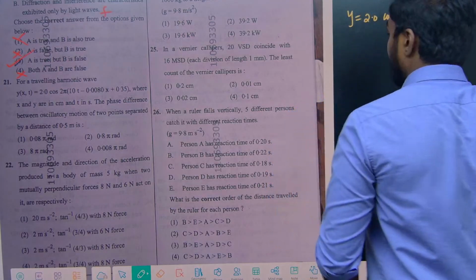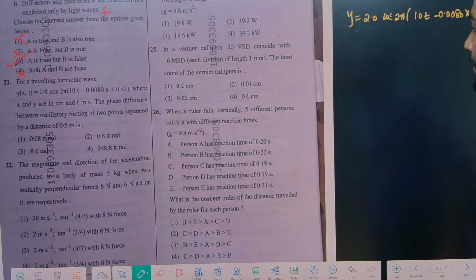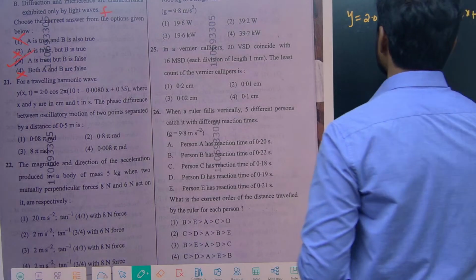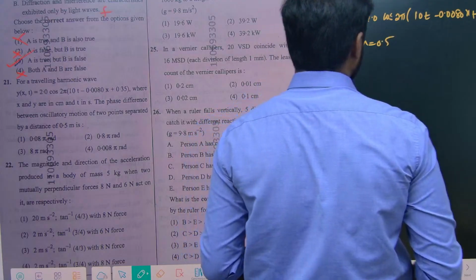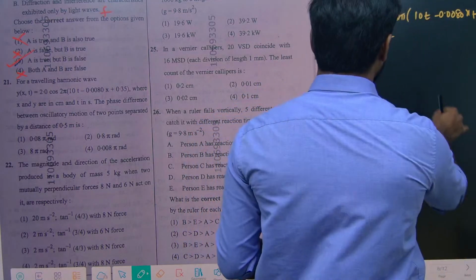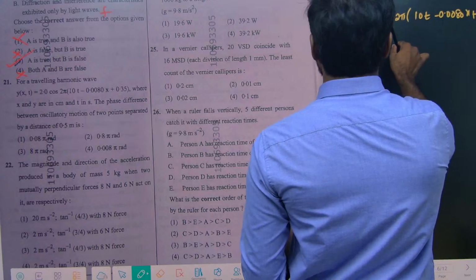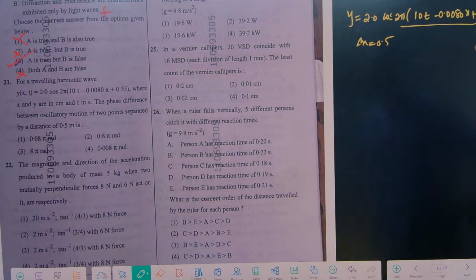What is the thing they have given? Separated by distance, delta x is equal to 0.5. And what is the value of k? We take the total value 2 pi of 10t minus 0.0080x plus 0.35.